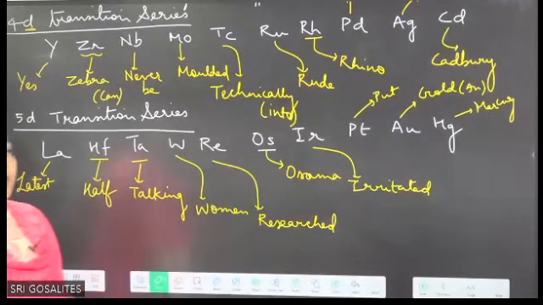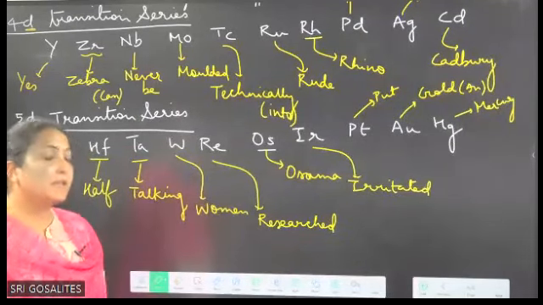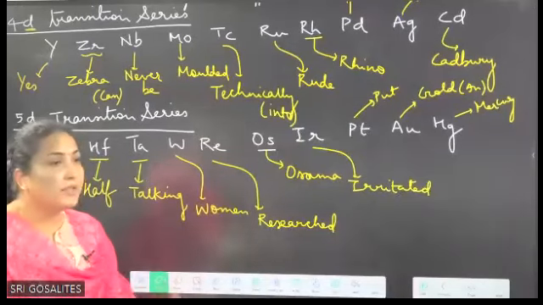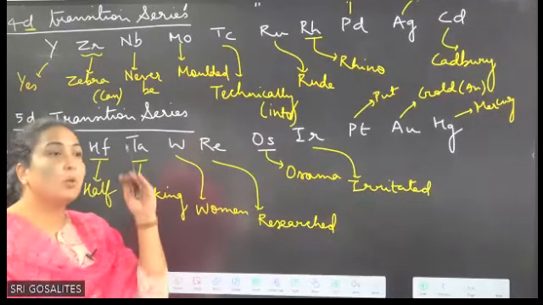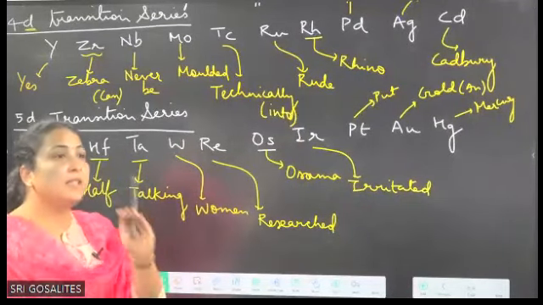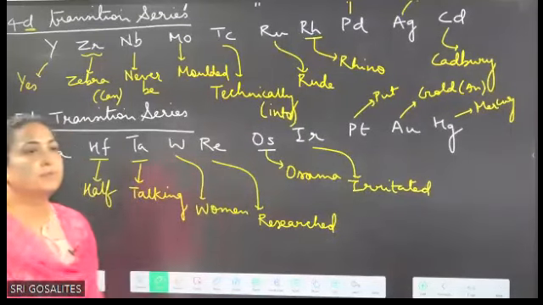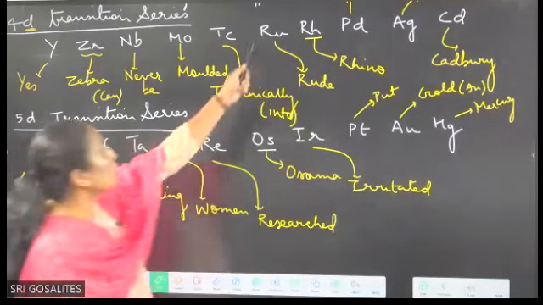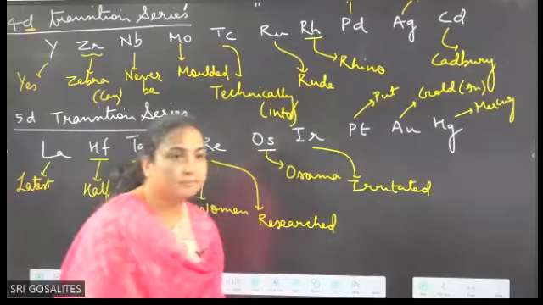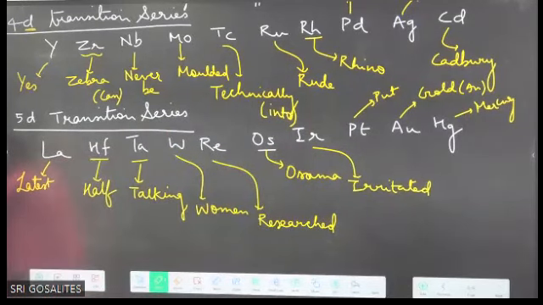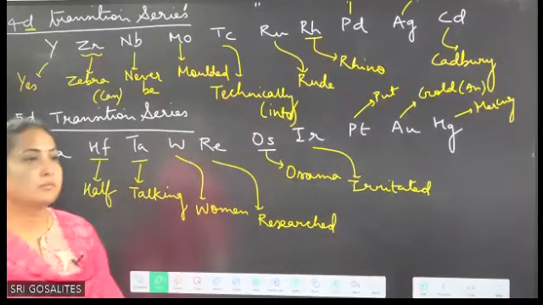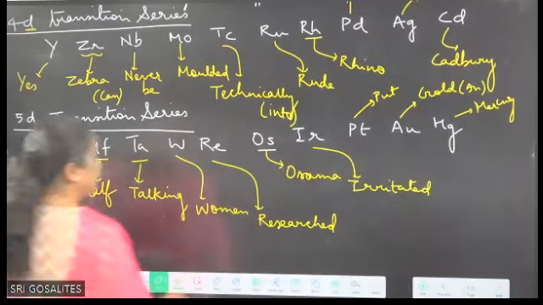Yes, you are supposed to know all these elements. In fact, when you enter 11th and 12th, you will be studying the properties of all the S, P, D, and F block elements. This is ruthenium. This is rhodium. Yes, clear about it?